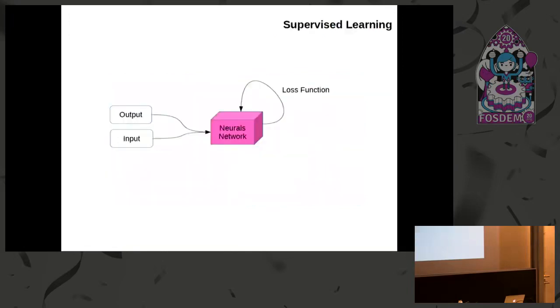That's the key point. If we look at deep learning, supervised learning is quite simple. You have one input, one expected output, and you train a neural network until it's able to compute the output from the input.